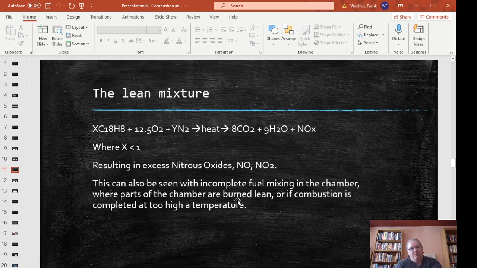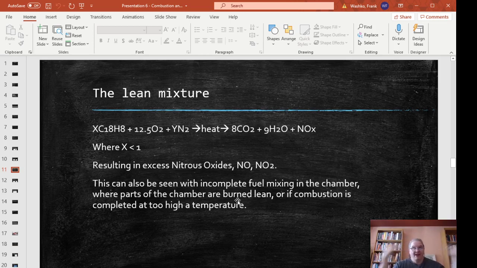So if you have the same reaction and you have less than 1 C18H8, so let's say you have too much air and not enough fuel, so that X is less than 1. What happens is when you apply the heat, especially the heat of combustion, there's high heat in there, some of the oxygen is combining with all the fuel, but there's leftover oxygen.